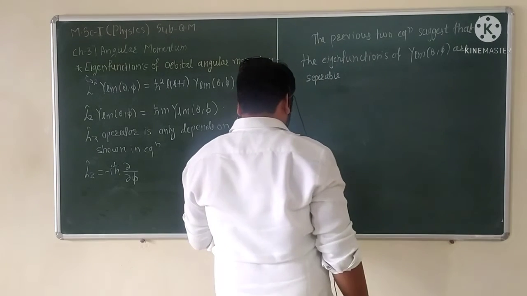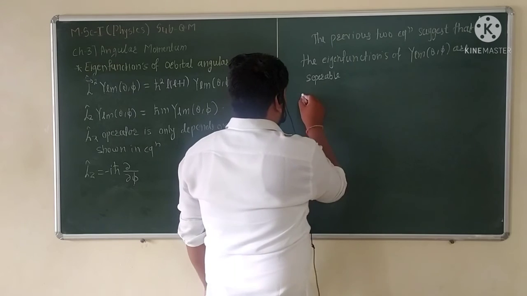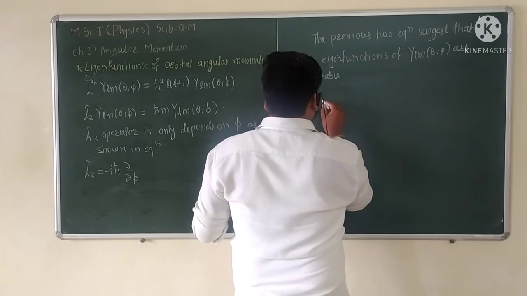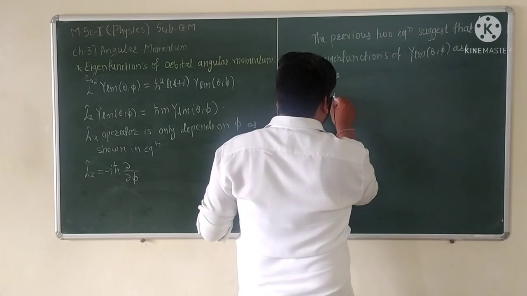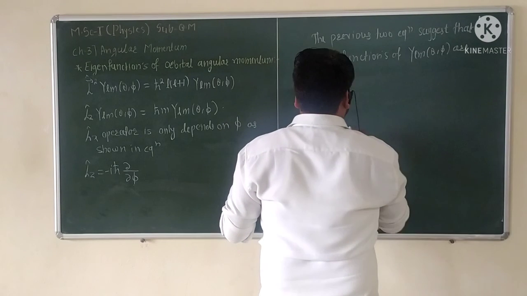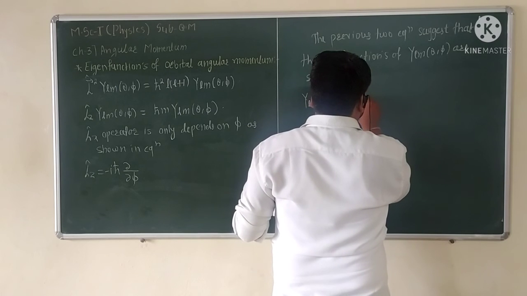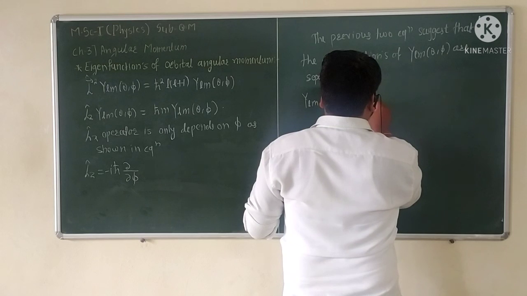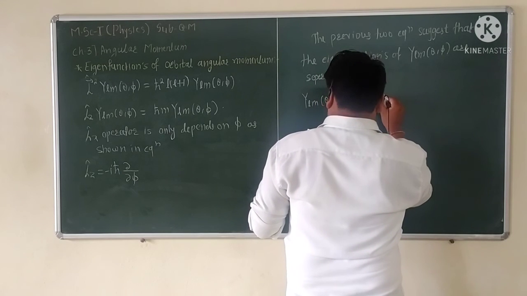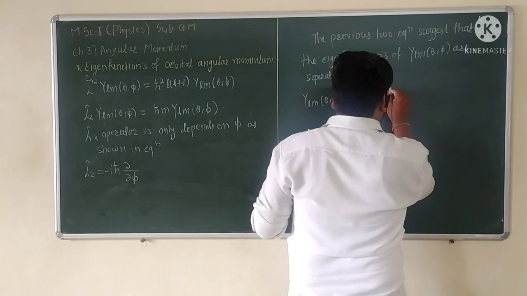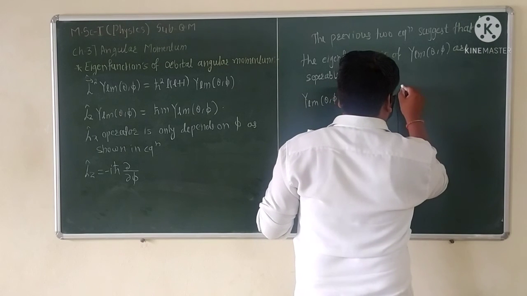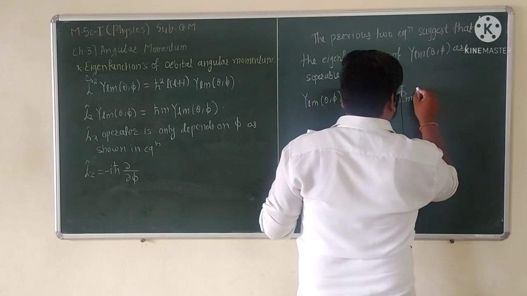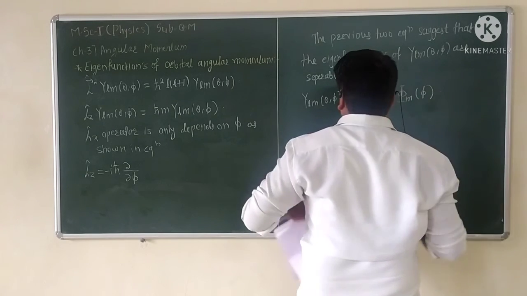Y Lm of theta and phi is the function capital Theta of Lm of theta, this is small theta, times capital Phi m of phi, this is small phi.